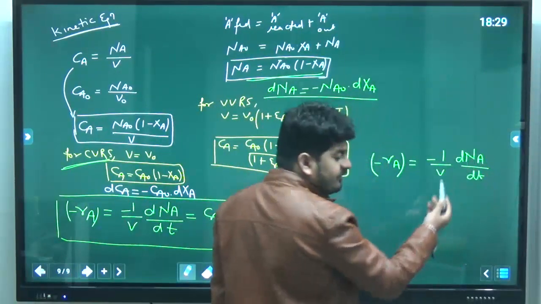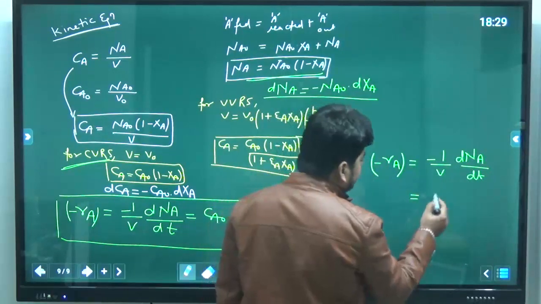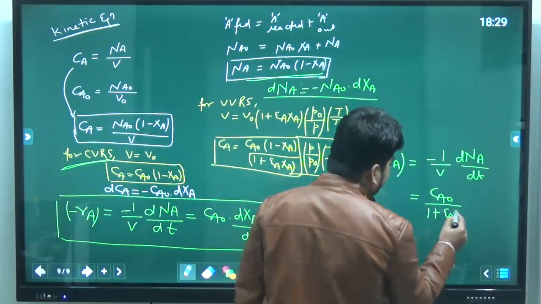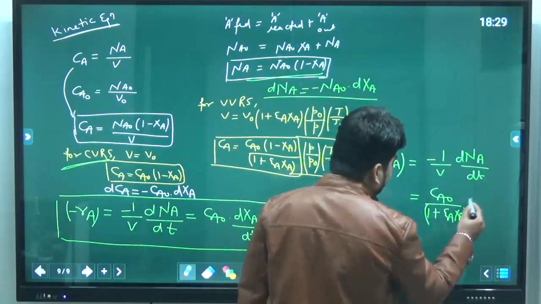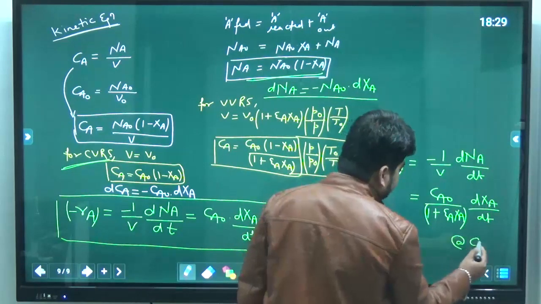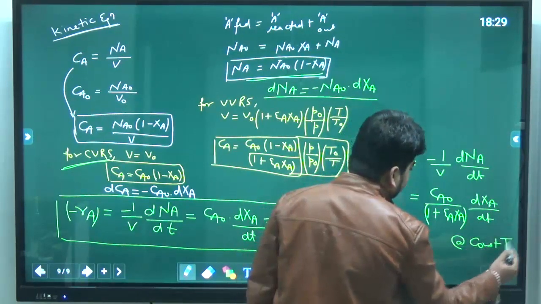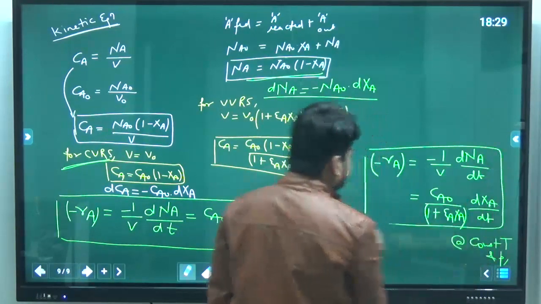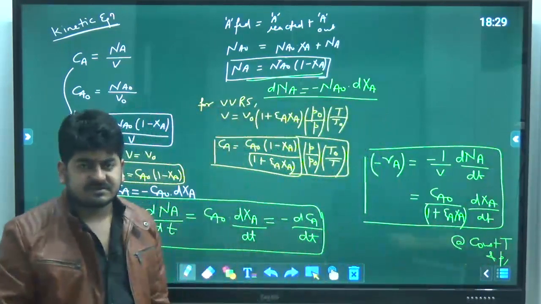So you can put the value of Na, you can put the value of V, it becomes Ca naught over 1 plus epsilon A Xa into dXa over dt at constant temperature and pressure. So these are the different forms of rate of reaction for variable volume reaction system.